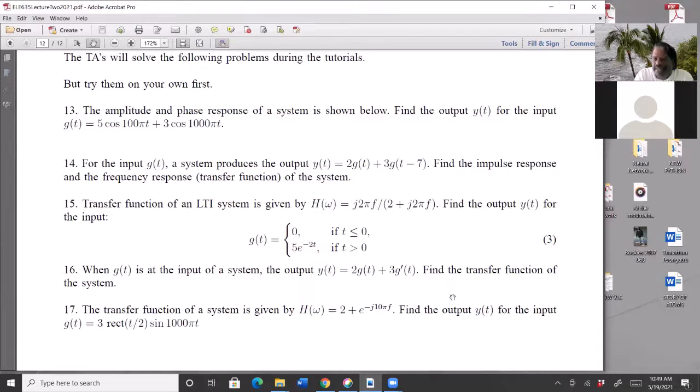Although ideally speaking, if you got an A plus in signals and systems, this is a good test. You must be able to handle 13, 14, 15, 16 and 17. But please try them, and your TAs may do one or two of them, but they are not going to do all of them. If they are important, I will do them after I finish the material for the midterm when we have time.